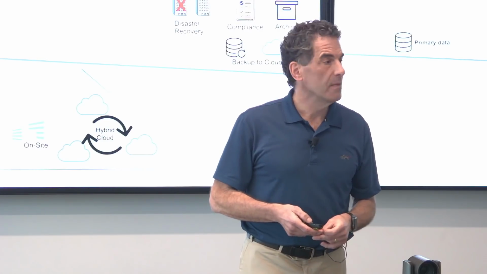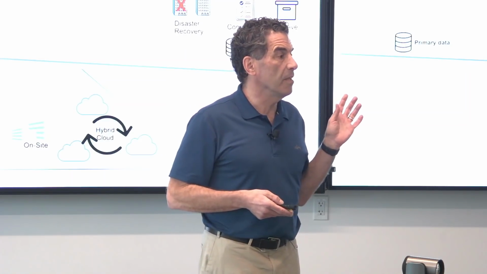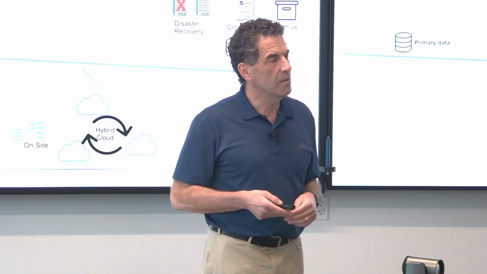Okay. When you talk about primary data, you are talking about everything that your customer already has on premises. Yes, just the primary data like databases, virtual machines, and files. Anything that is initially created in the business is fair game to be protected and to have services performed on it.